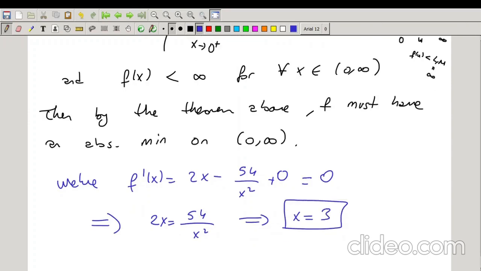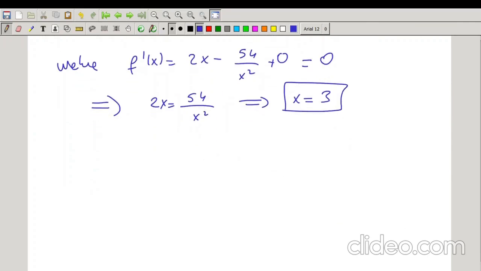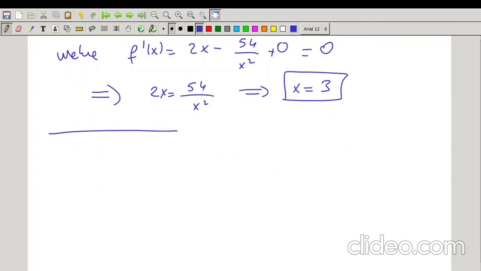Okay, now we have an idea about the function. If you draw a simple graph of f prime, this is the point 3. At 0 we have infinity, at infinity we have infinity. You must pay attention, because f prime of x is equal to 2x squared minus 54 over x squared.